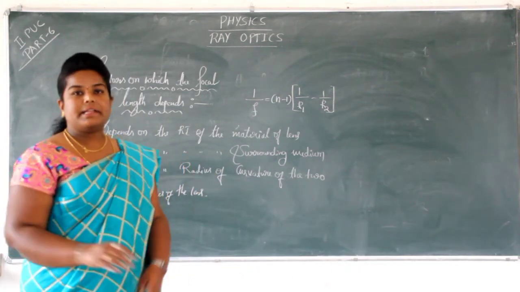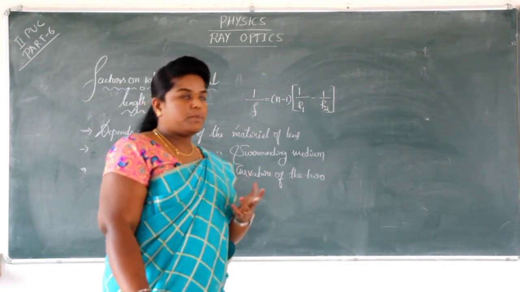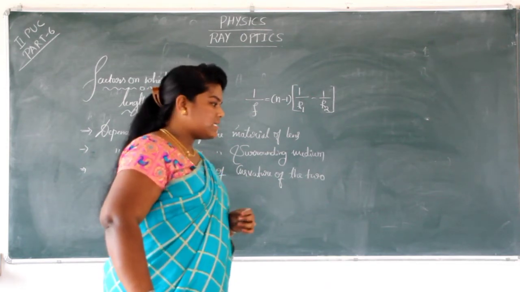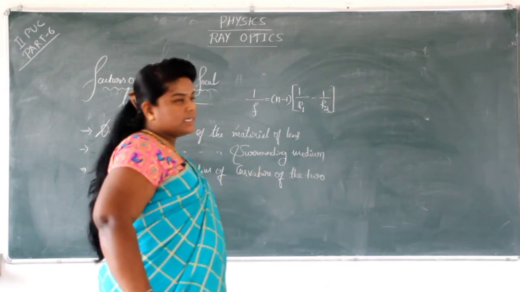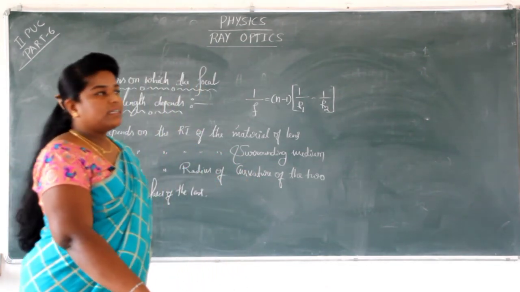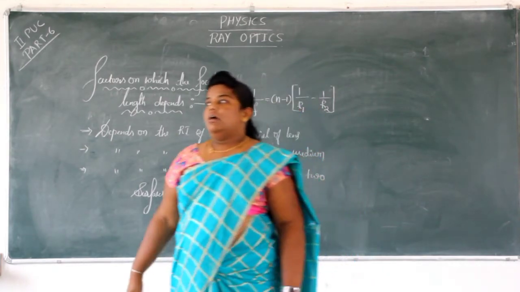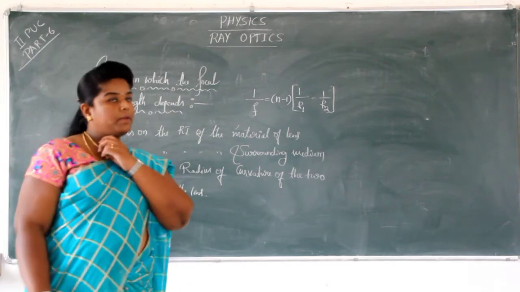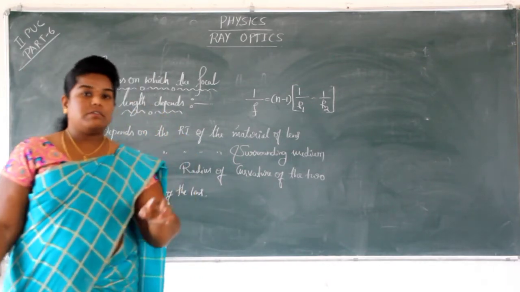Not only that, my dear students, suppose I perform the refraction experiment using the lens with white light, the phenomenon is different. If I use a red color light, the refraction is different. If I use violet color light, the refraction is different. Why? Because you might have studied the same thing in your 10th class.